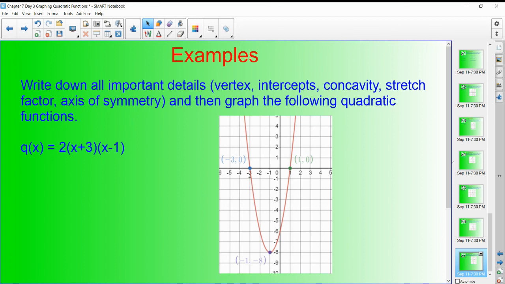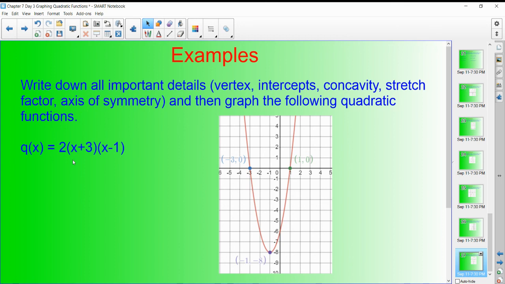I found the vertex from the two x-intercepts, and I graphed the two x-intercepts and the vertex. From the graph, I could still tell what the line of symmetry is. If I wanted to put 0 in for x, I could still find the y-intercept. And you've already found the x-intercepts.